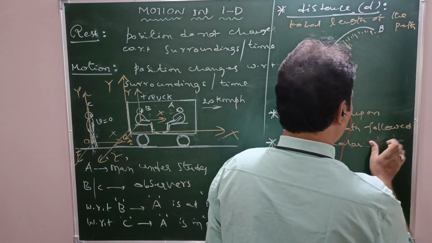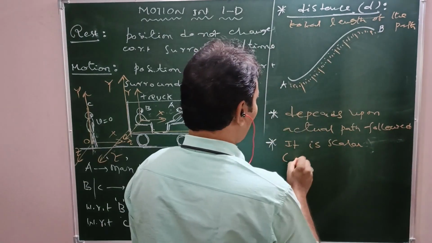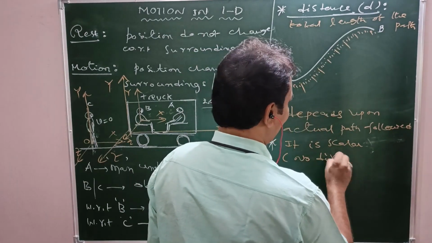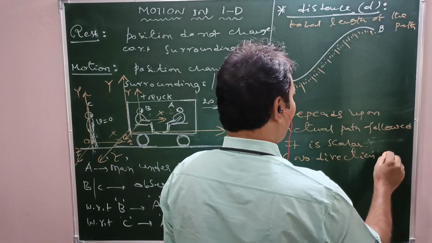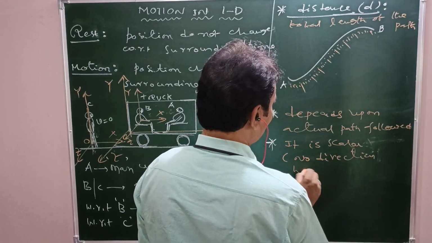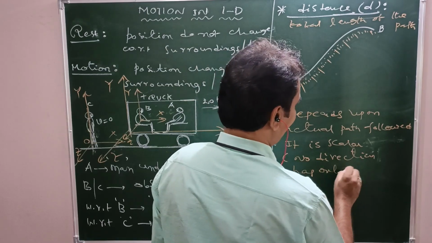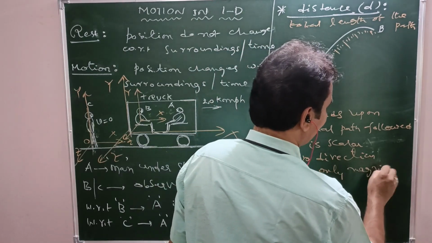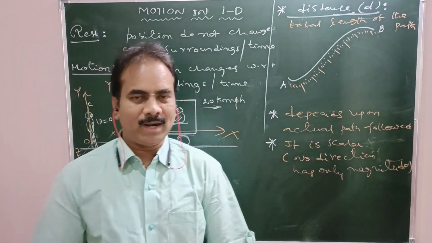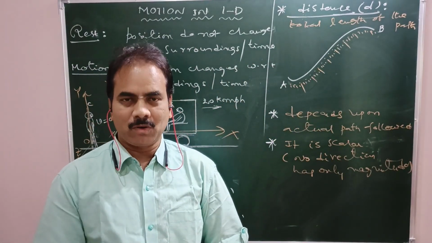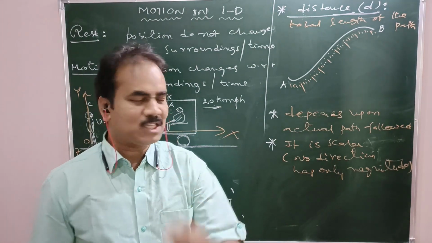I am writing somewhere here: it has no direction, only magnitude. Right. For a moving particle or body, distance is never zero, never negative, always positive.